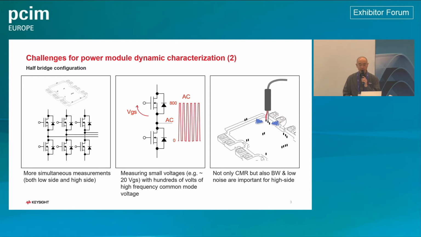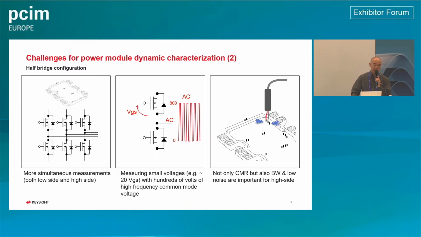And it's not easy because the AC line in the middle is moving up and down with a high voltage amplitude, like 0 to 800, with a very, very high frequency. And therefore, you have a common mode noise affecting the measurement of the high side gate voltage.